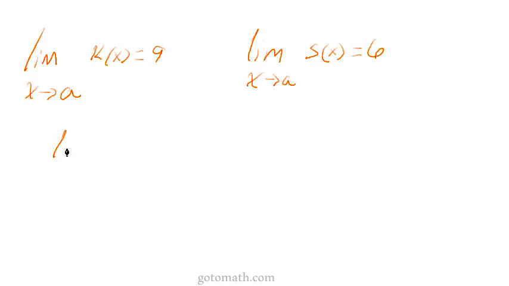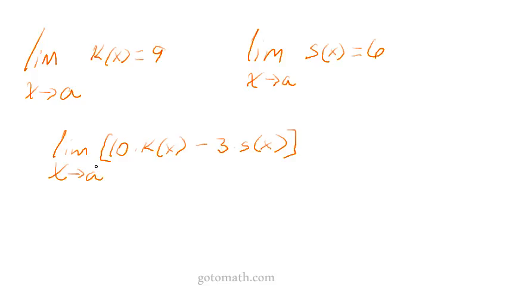And we want to find the limit as x approaches a of 10 times k of x minus 3 times s of x. Right, and we'll just put a bracket around that.